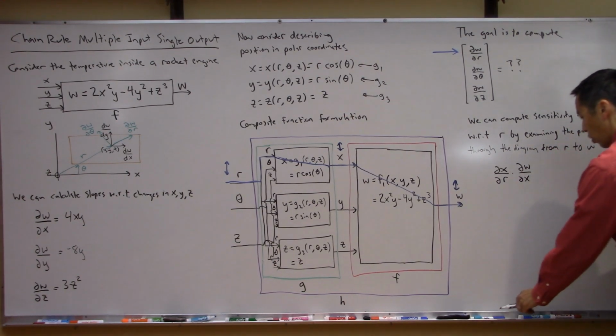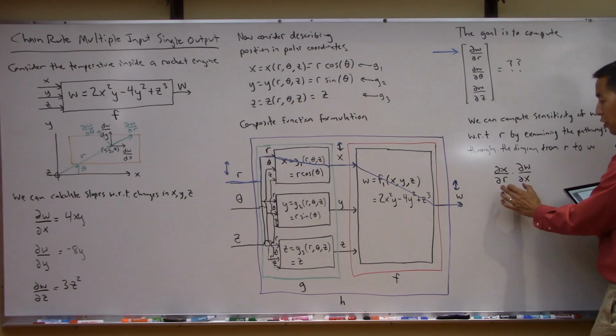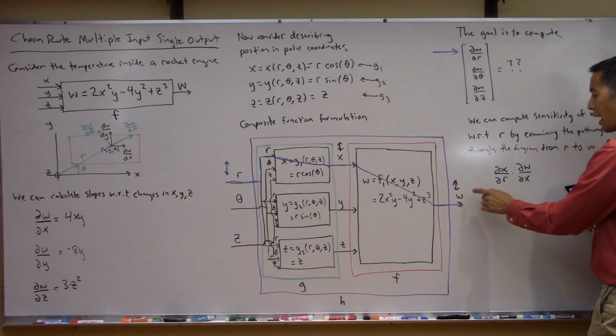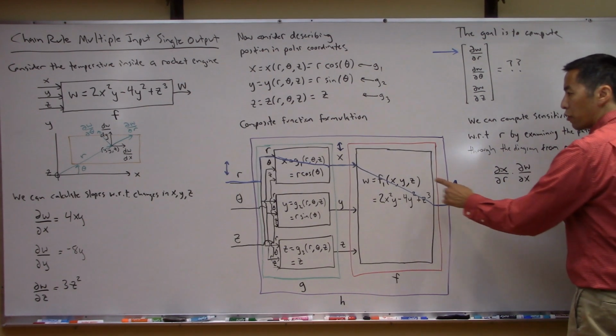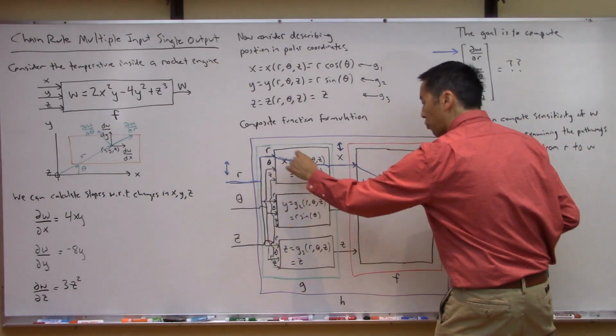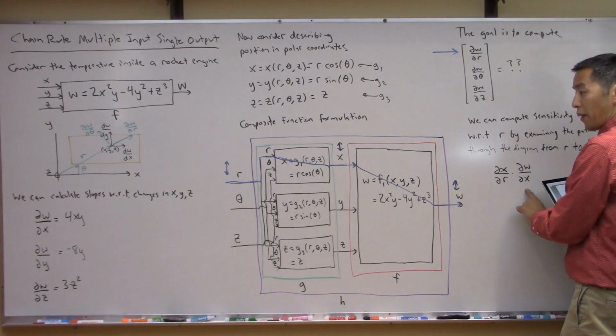This is exactly what we did earlier. You multiply these two slopes together. This is telling you how w changes with respect to r, but only through this branch, only through the effect in x.